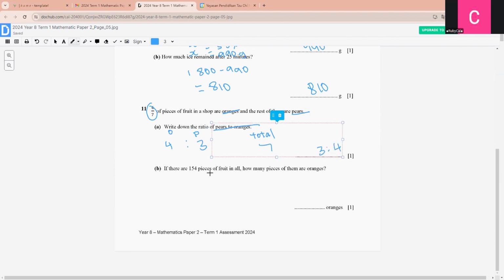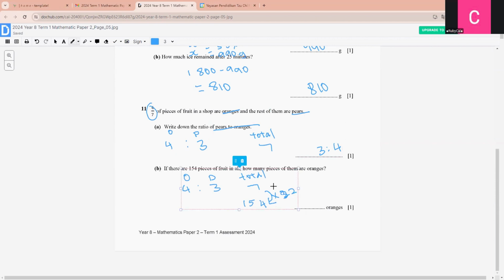Next question, if there are 154 pieces of fruit in all, how many pieces of them are oranges? So we already know that there are 4 oranges, 3 pears, and in total that makes 7. And now the total is 154, which is 7 multiplied by 22.